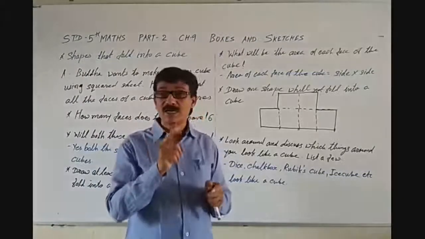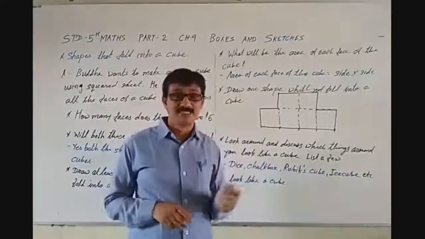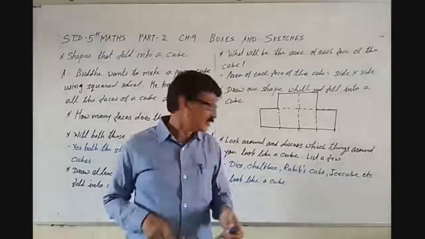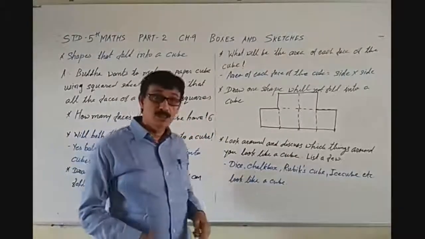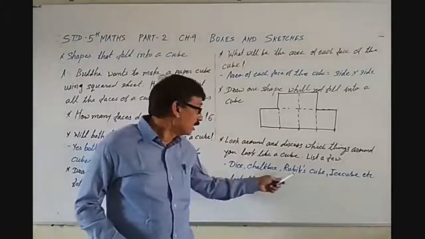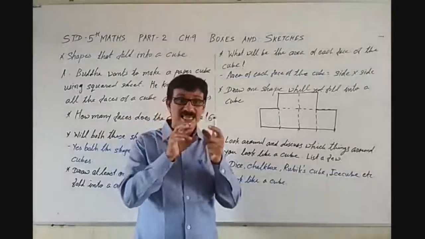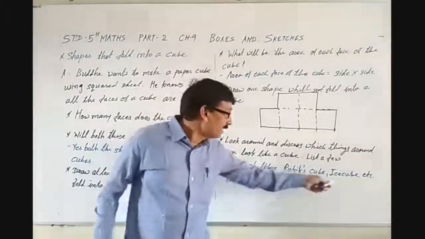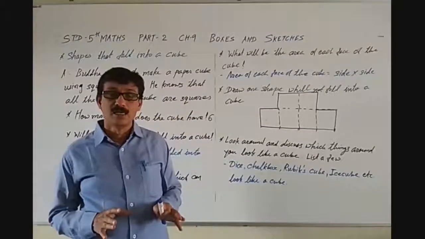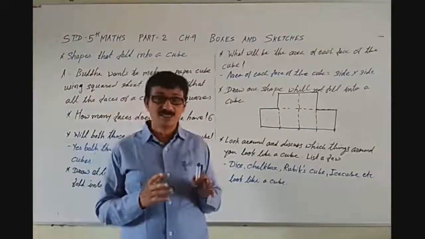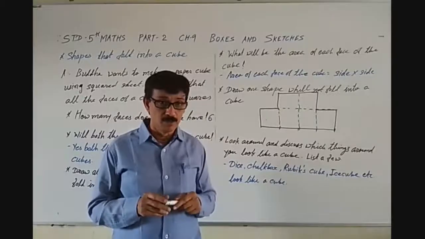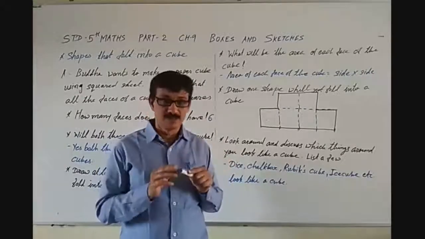We already discussed dice earlier in the previous chapters. Then chalk box. Then Rubik's cube. You must have played with that Rubik's cube. Then ice cube, etc. Some things which look like a cube around us.